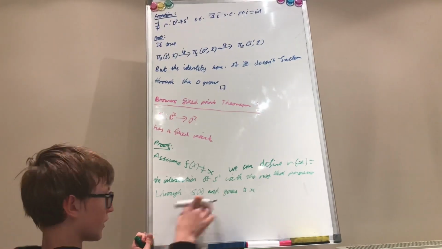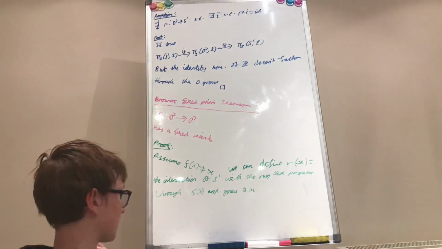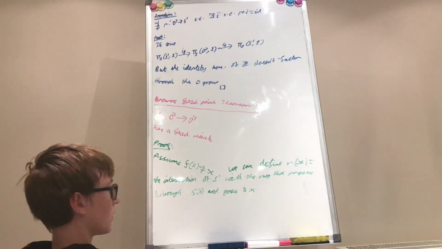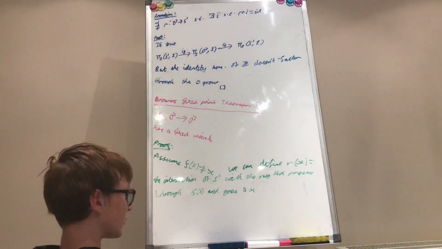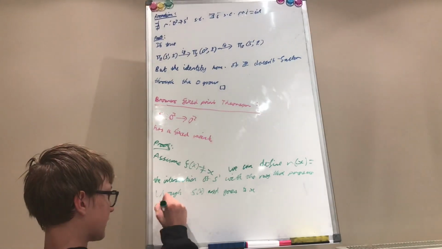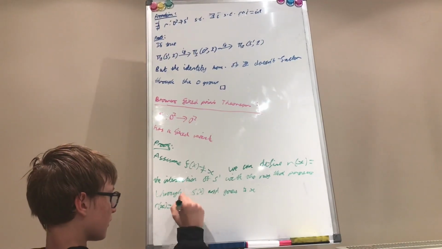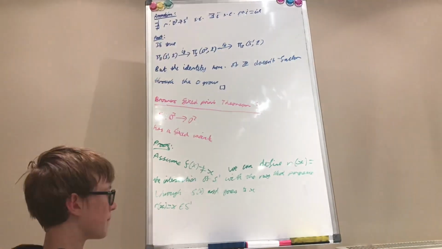I think it starts at f of x and goes to x, but never mind. Now, we see that r of x does certainly equal x in the one sphere.